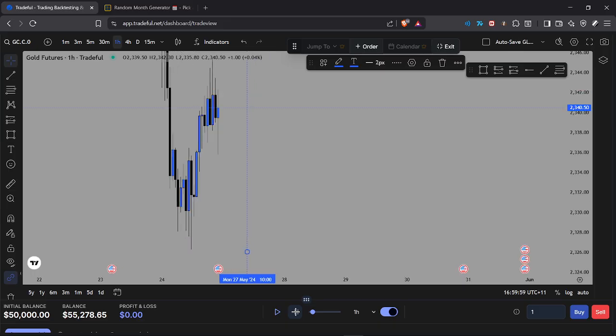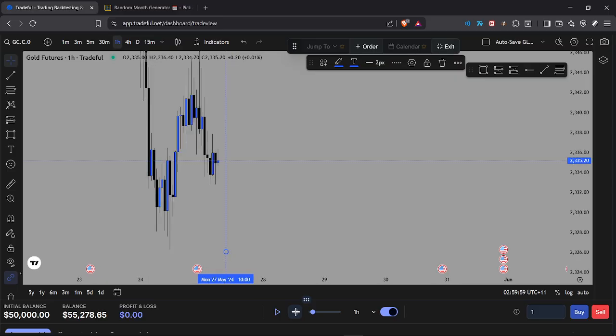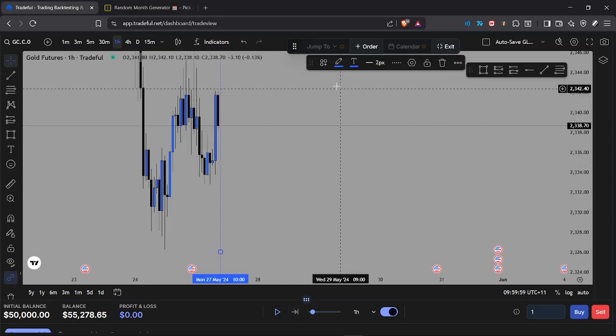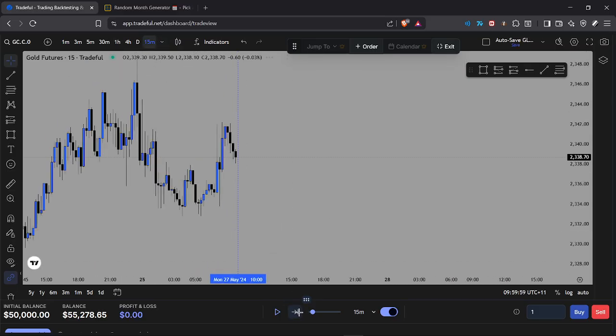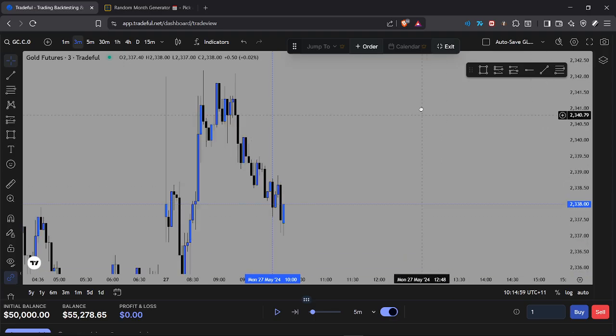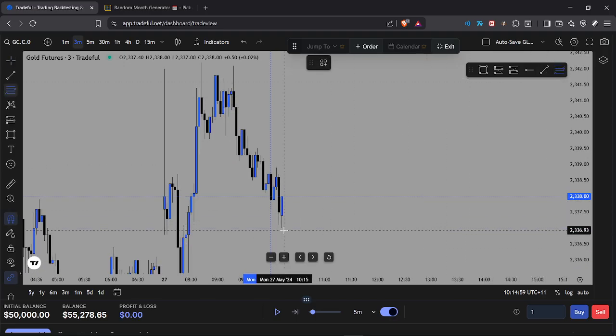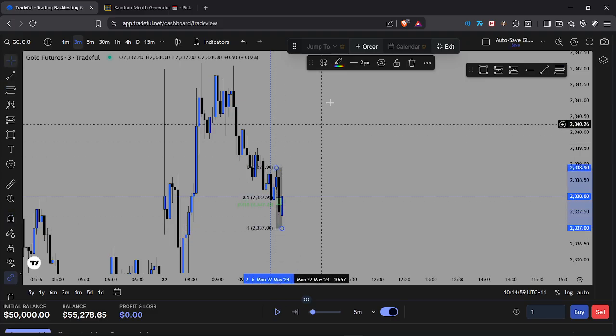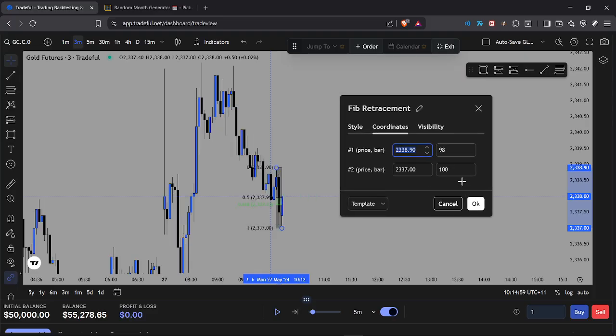We are approaching the end of the month, so yeah, okay. Let's see. But for the first backtest, these are some pretty good results.